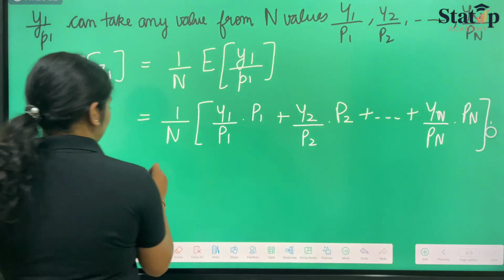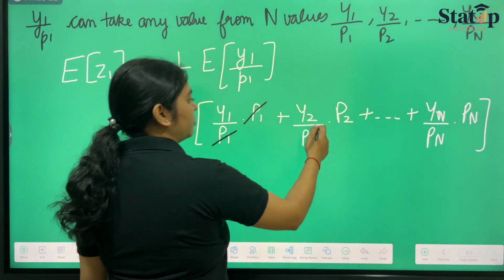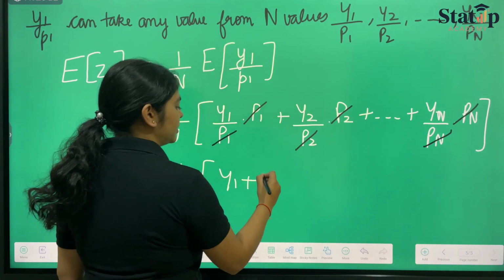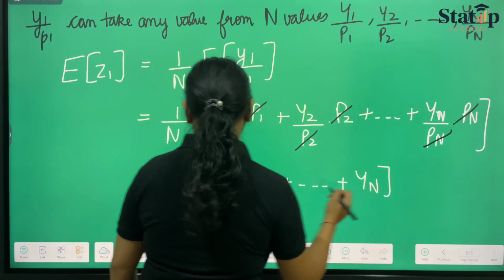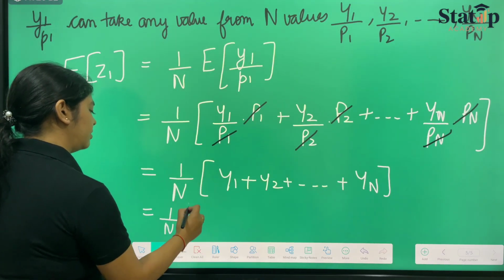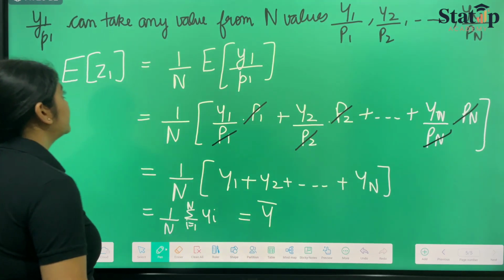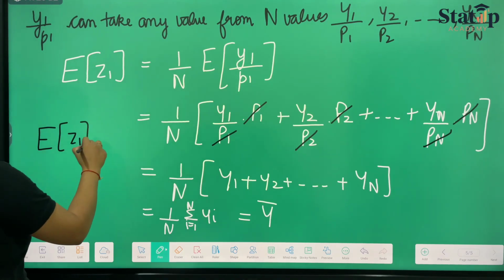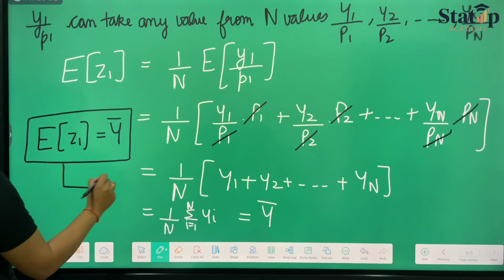If we take that, this is nothing but 1 upon n, where p1 gets cancelled with p1, p2 with p2, and pn with pn. So it will be y1 plus y2 up till yn. So this will be 1 upon n, summation i goes from 1 to n, yi, and it is nothing but equal to y bar. And hence we can say that the expectation of z1 is equal to y bar. Let us mark this as equation number 1.